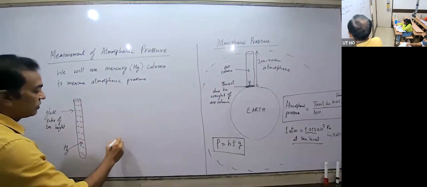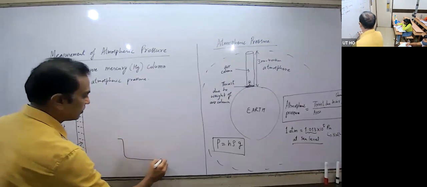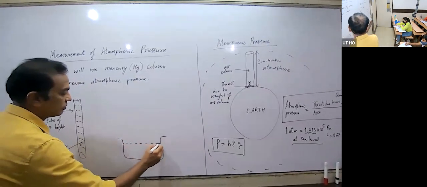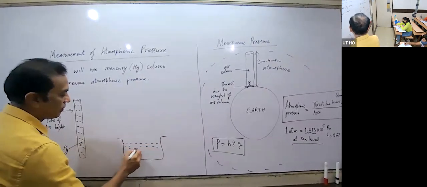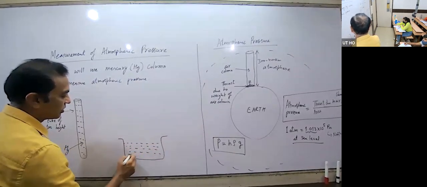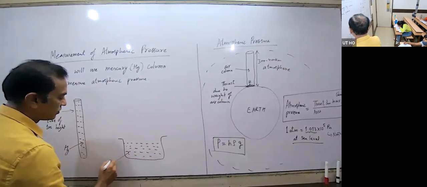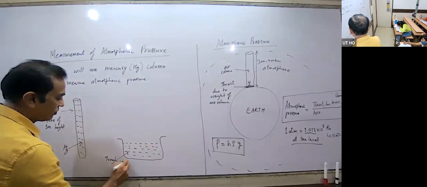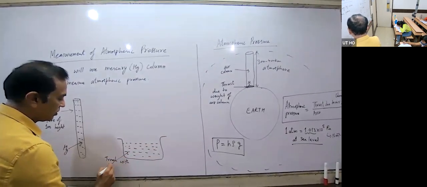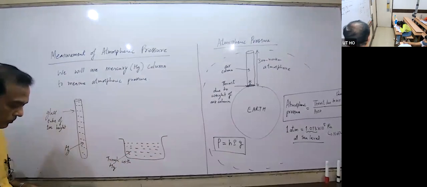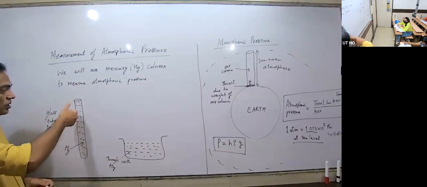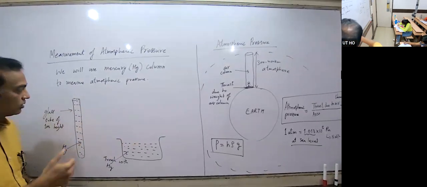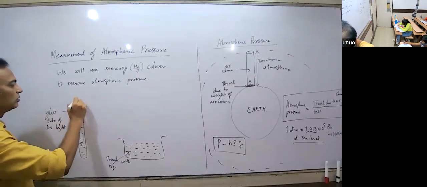Now what we'll do is we'll take a trough, and this is also filled with mercury. In the trough also you have mercury. This tube, which is filled with mercury, will now be inverted into it. So we close it with the thumb.